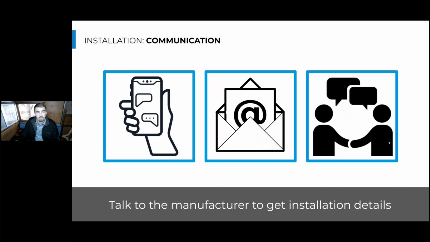In terms of communication around installation, I talked about how the controls in the design process tied everything together, and all the trades should be tied together in the same way. That applies really directly to installation as well. You want to make sure that all the trades are talking and that you walk through the installation process with the trades beforehand to make sure everyone's on the same page of what is expected out of this system.